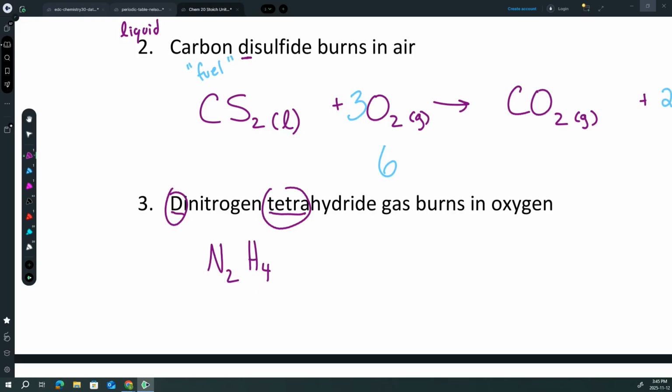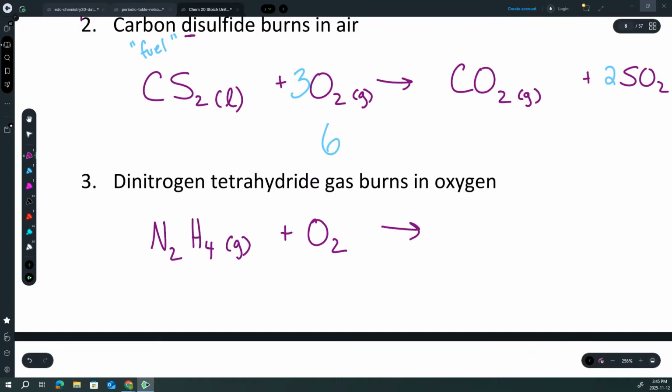That is the whole point of the prefixes in molecular compounds, to tell you exactly how many atoms of each element you need. For ionic compounds, you need to balance the charges in order to figure out how many atoms of each ion you need. Okay, so this is a gas, burns with or in oxygen.